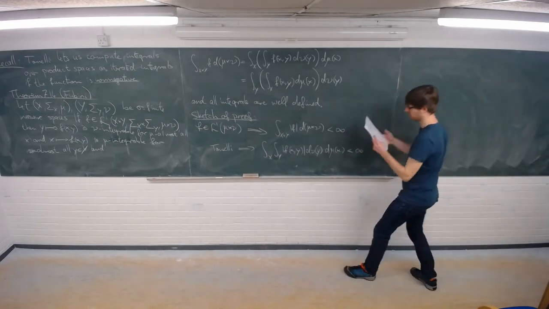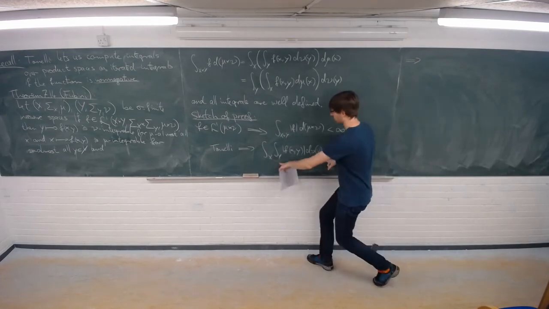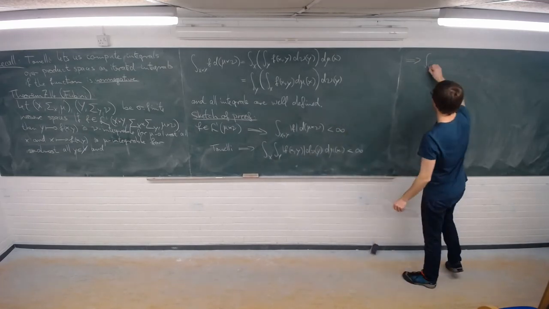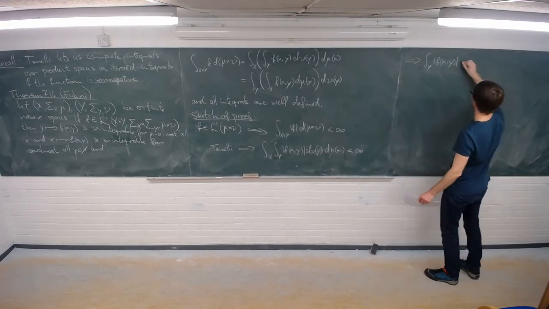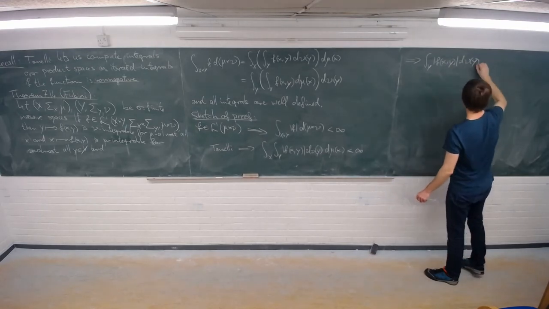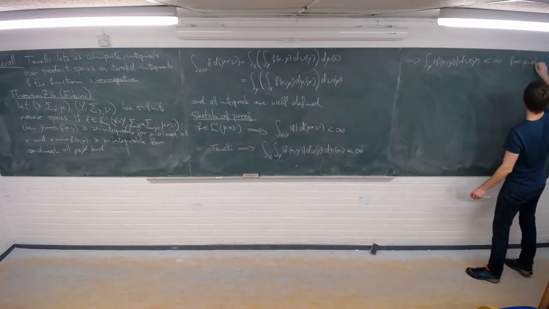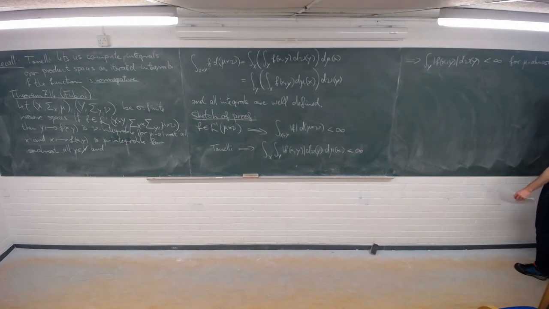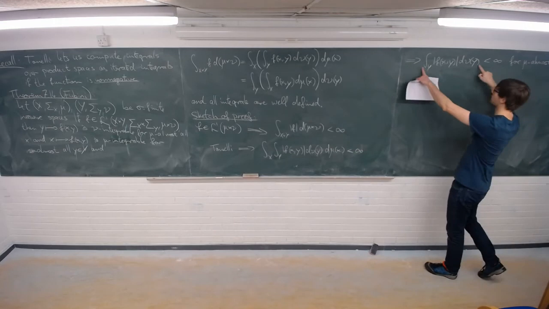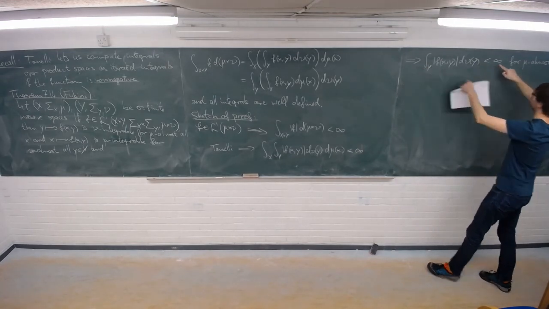So from this line, we get that this inner integral with respect to y, the integral of the absolute value of f of x, y, d nu of y, is finite for mu almost all x. Again, because the x integral of this is finite, this function of x has to be finite almost everywhere.